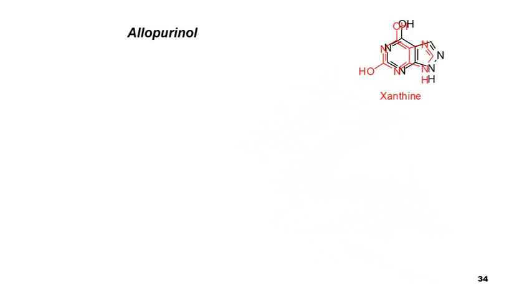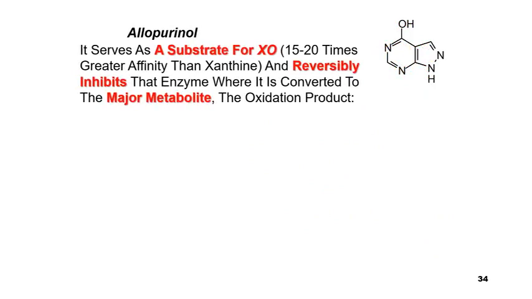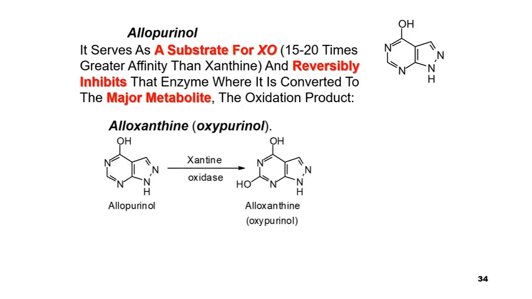That's why it is able to fit into the active site of xanthine oxidase through a reversible interaction. It has better or greater affinity than hypoxanthine or even xanthine, and this way the xanthine oxidase is inhibited and uric acid synthesis is reduced.